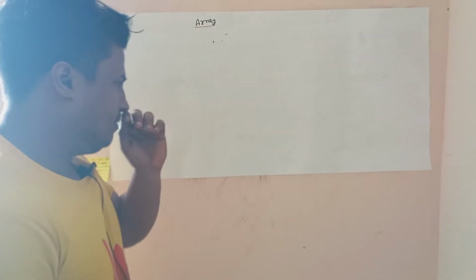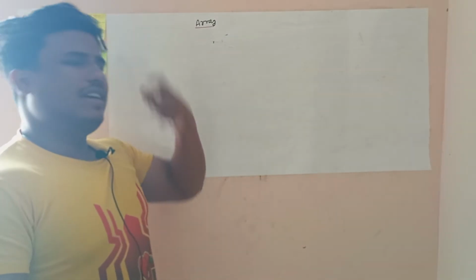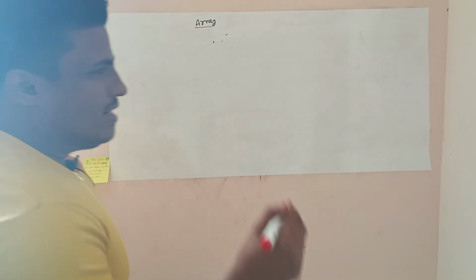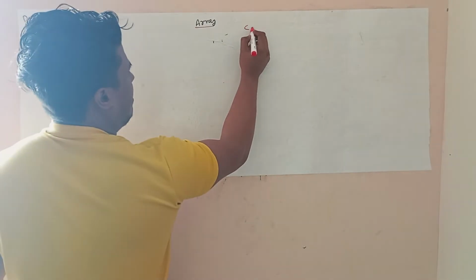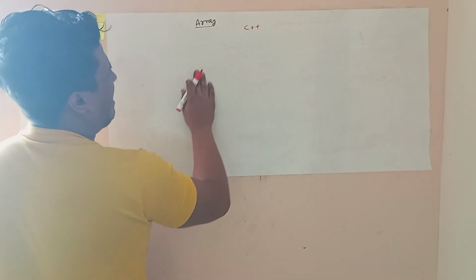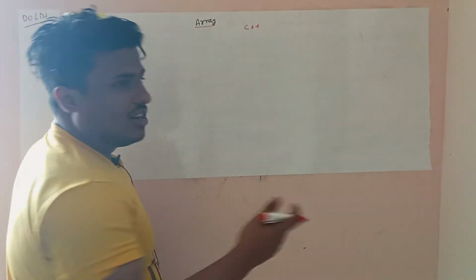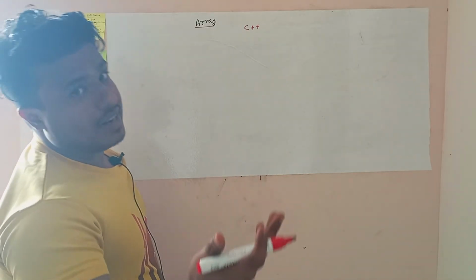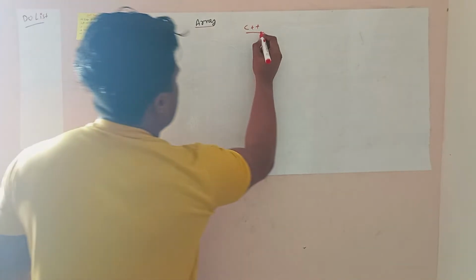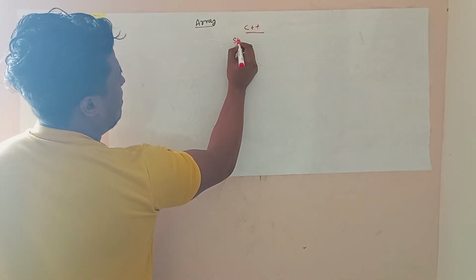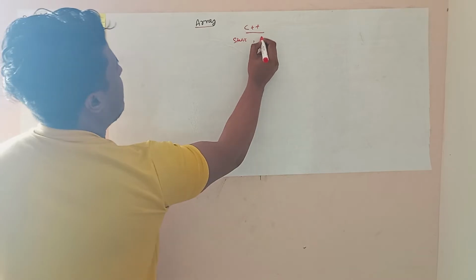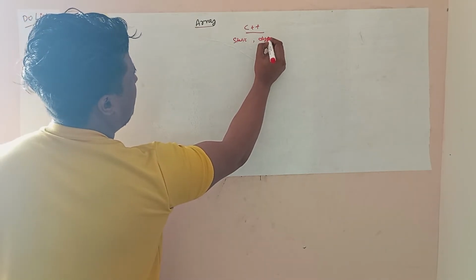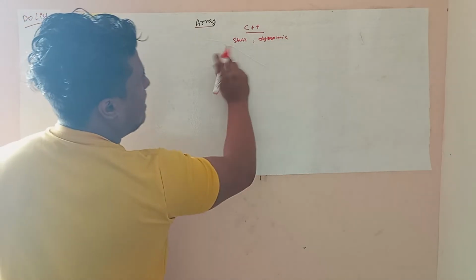These are the things you need to work with arrays. In C++ or Java or any language you consider, just read the documentation of the language on how arrays are represented. Considering C++, there can be a static array and a dynamic array.